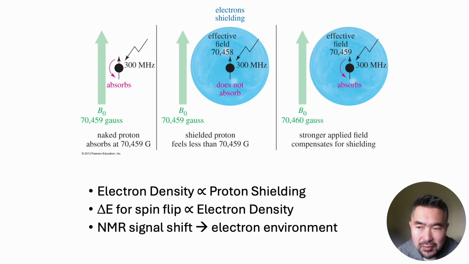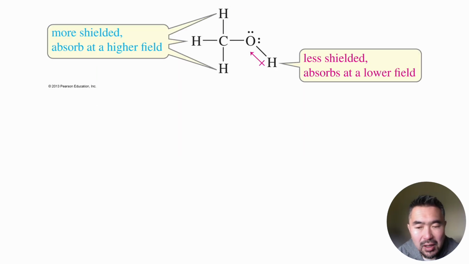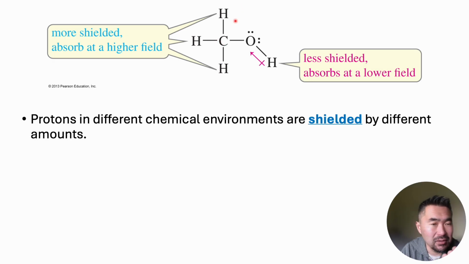And that's very useful because depending on what functional groups you have or what kind of bond it has, there would be very different amounts of electron density for each hydrogen. When the hydrogen is attached to a not very electronegative element like carbon, these guys are fairly shielded, so it would have to absorb at a higher field.